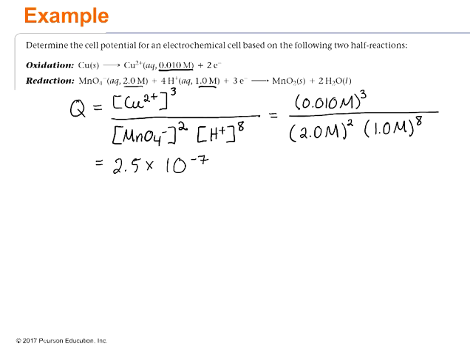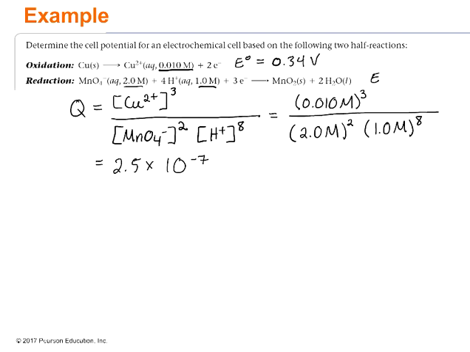Okay, so we know the number of electrons was 6, we now know what Q is equal to. The last thing we need to find is E cell. So looking at our oxidation reaction up above, the E value for the copper half reaction is equal to 0.34 volts.